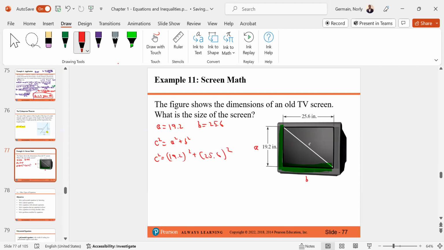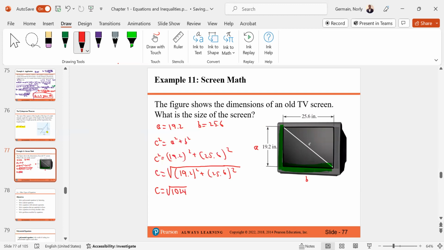If we take the square roots of both sides, C would be, I don't need to put the negative side because we're not dealing with negatives, the square root of 19.2 squared plus 25.6 squared, right? With a calculator, you should find C equals the square root of 1024.